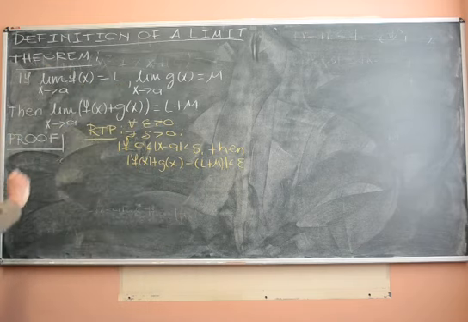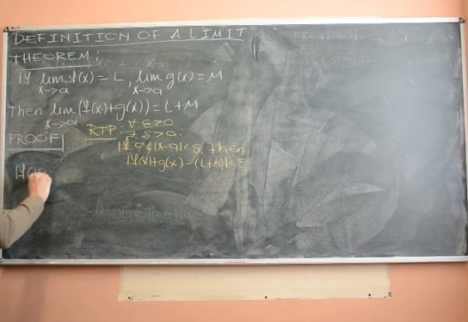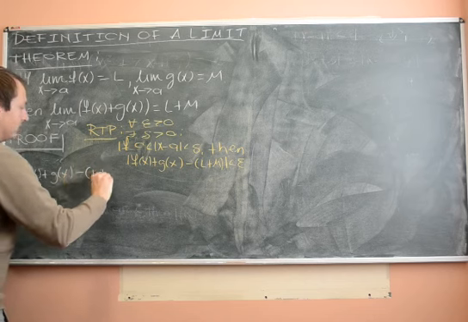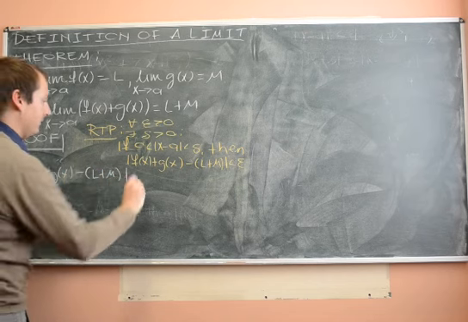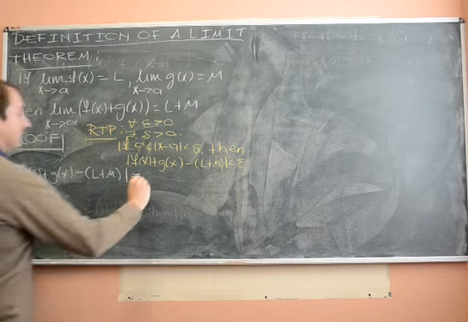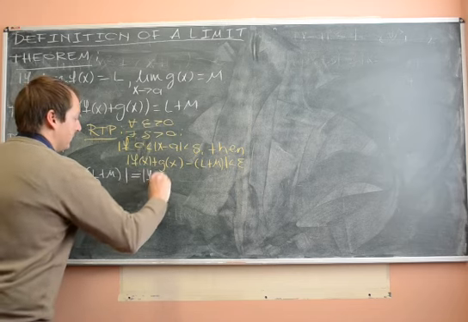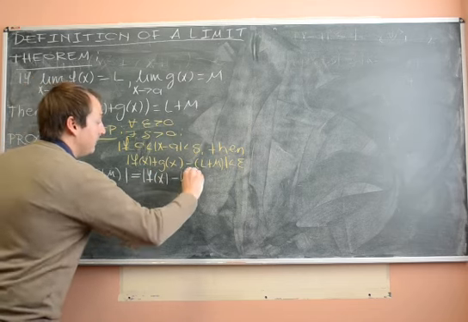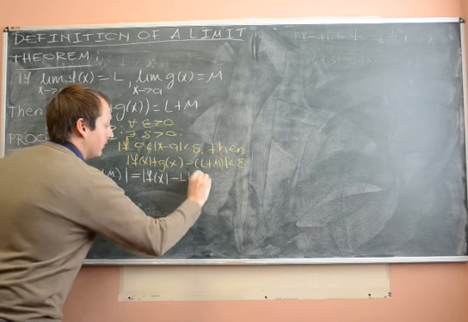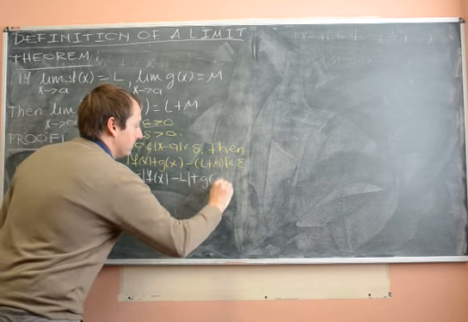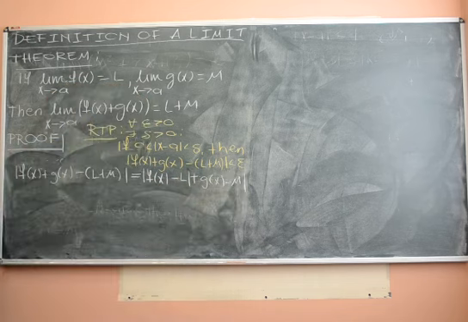Well, f of x plus g of x minus L plus m, we can write that as the absolute value of f of x minus L plus g of x minus m.